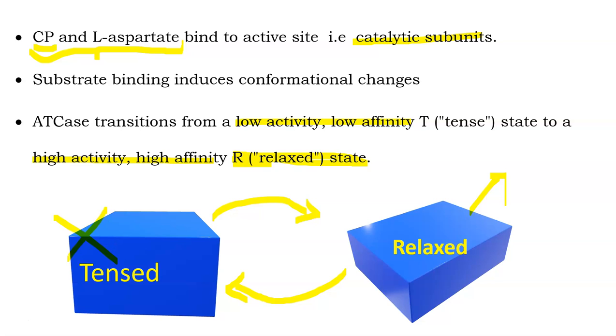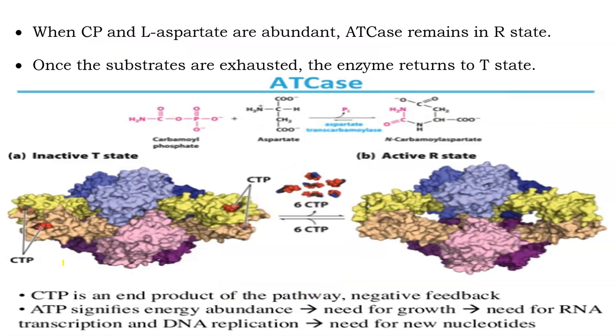The tensed state is because of the binding of the negative allosteric effectors or inhibitors. Let's see, when carbamoyl-aspartate and L-aspartate are abundant, that means when the substrates are abundant, the enzyme remains in the R state. Is it very clear now? When the substrates are available, they have to make the product. That is why the enzyme should be in the relaxed condition.